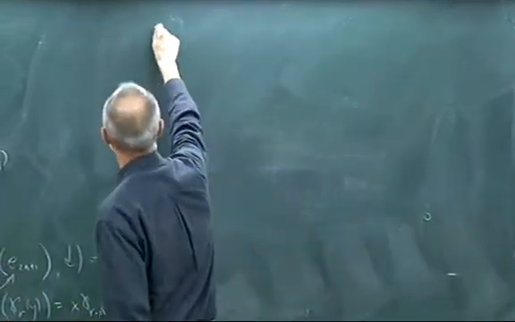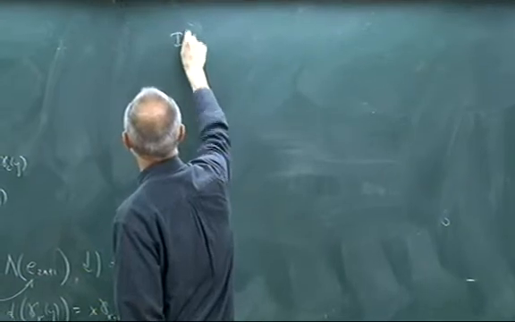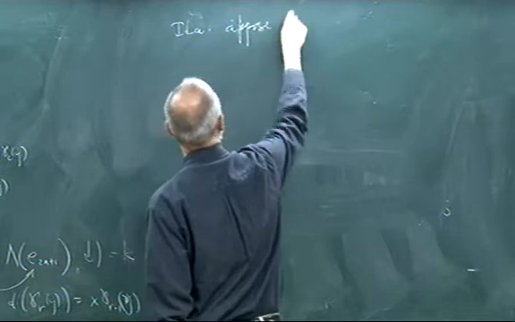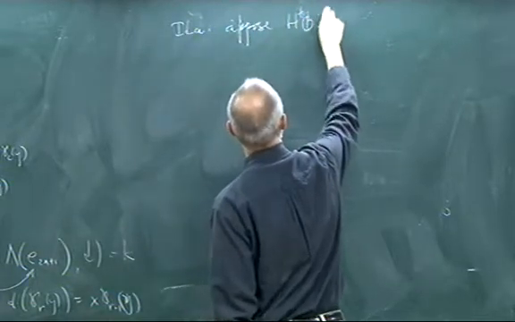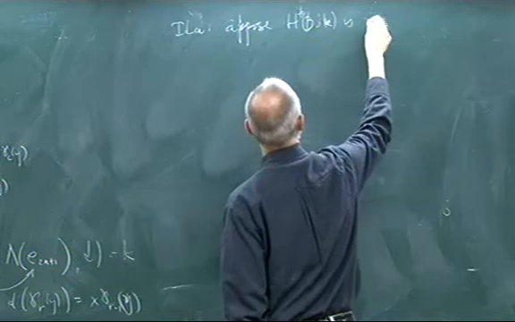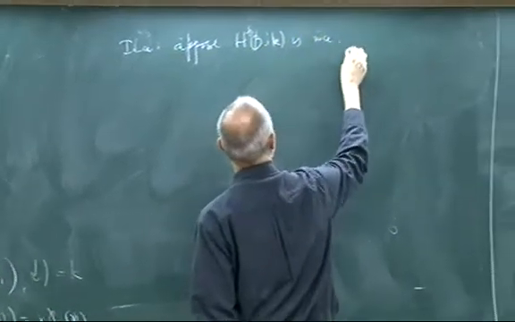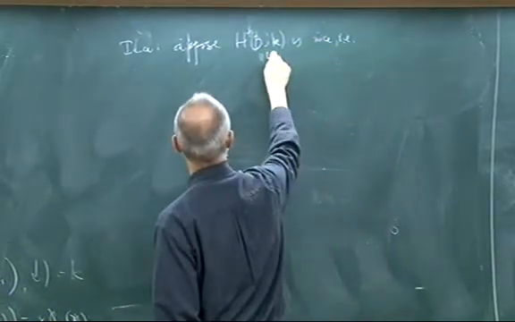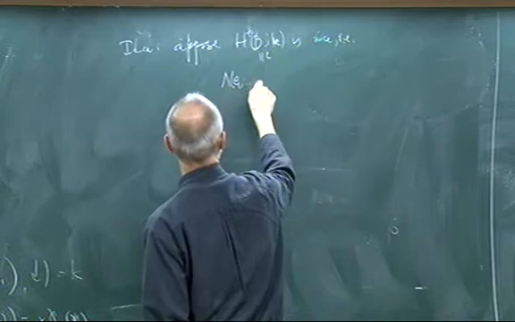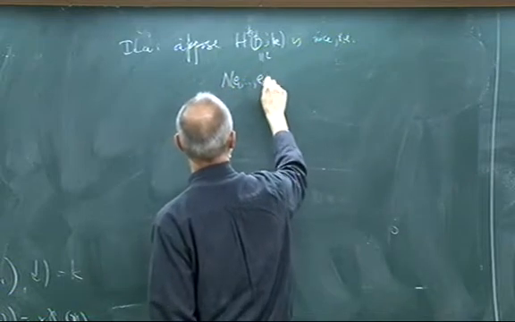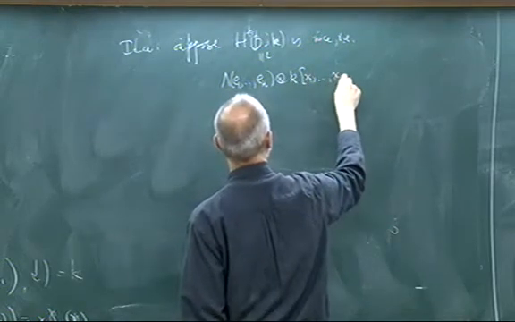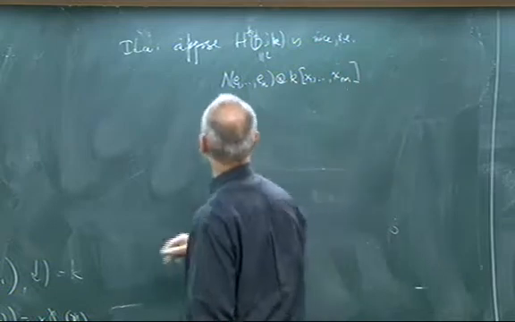This leads to the following idea. Suppose H star B is nice, i.e., it's isomorphic to an exterior algebra on n generators tensor with a polynomial algebra on m generators.